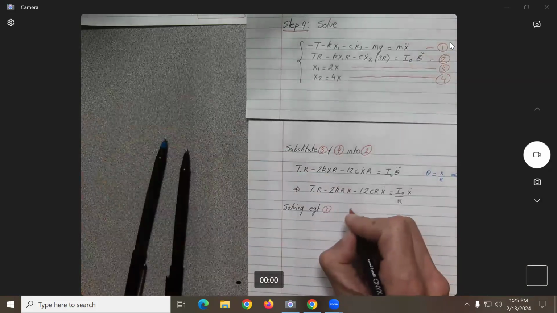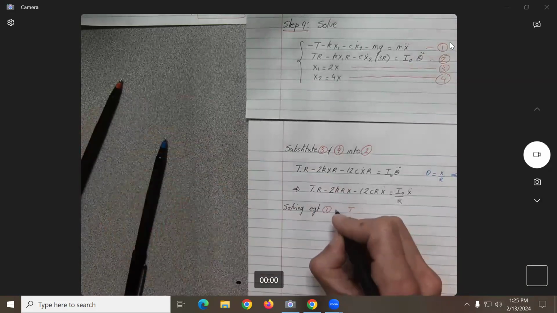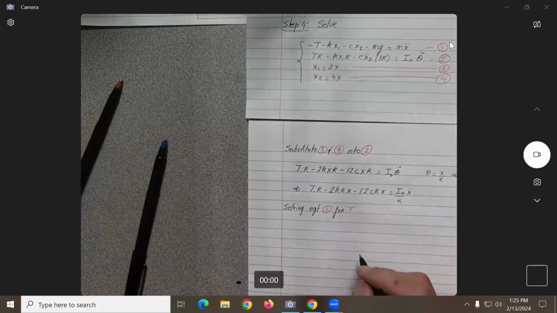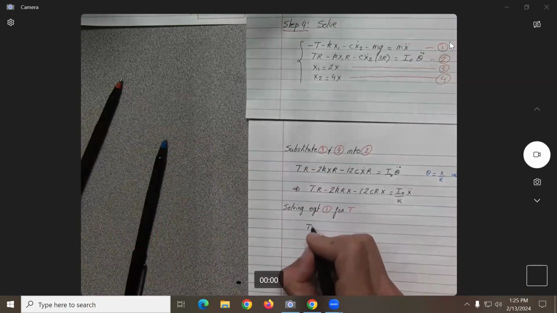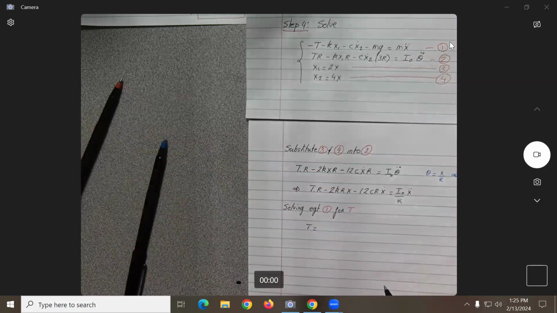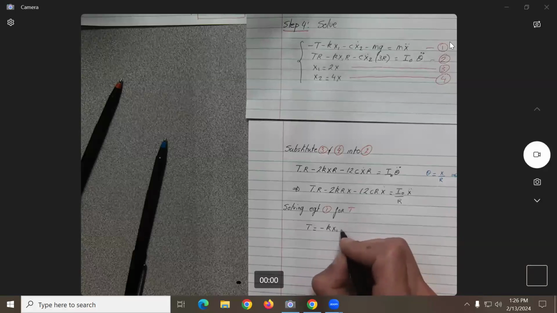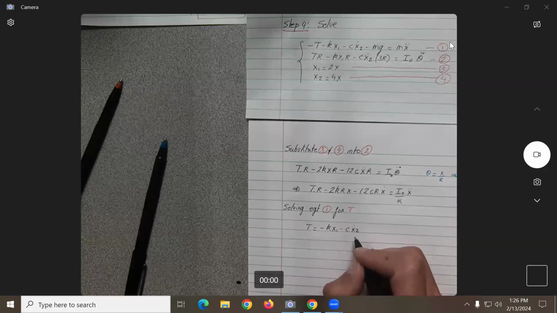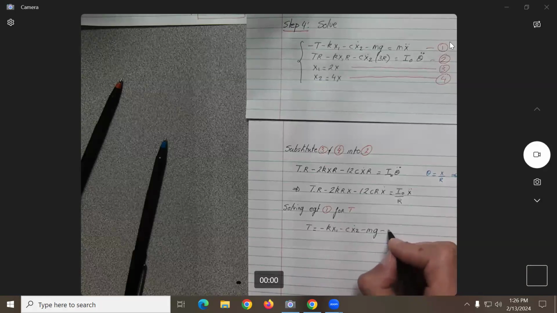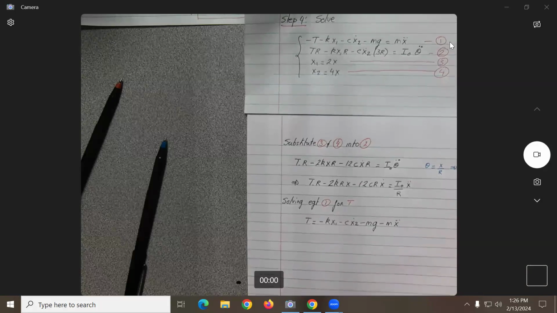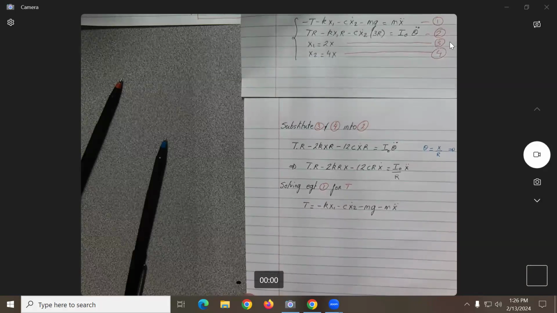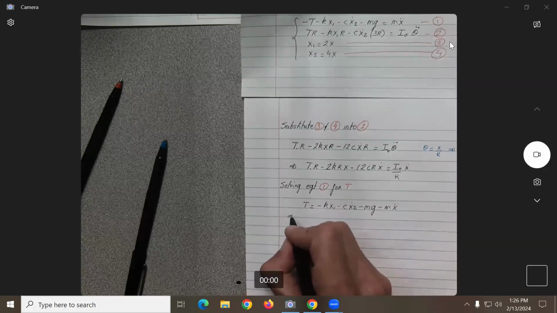for T, what do we get? T is going to be equal to minus kx1 minus cx2 minus mg minus mx double dot. So this will mean what?